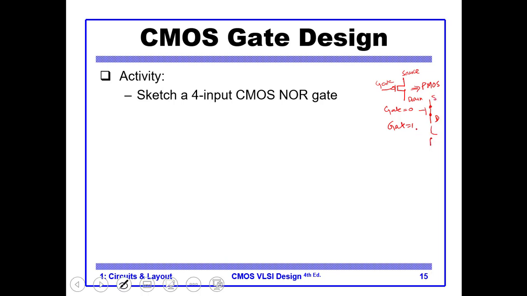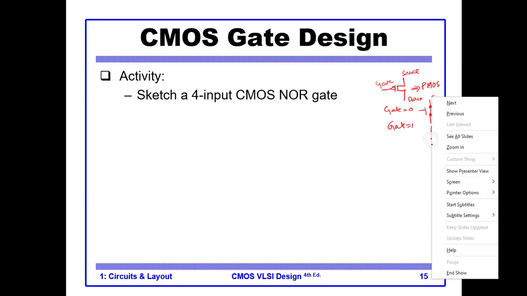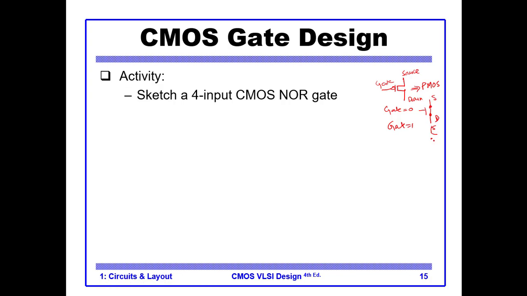The source and drain will be open. This is the source, this is the drain. It will be an open circuit when the gate is 1.